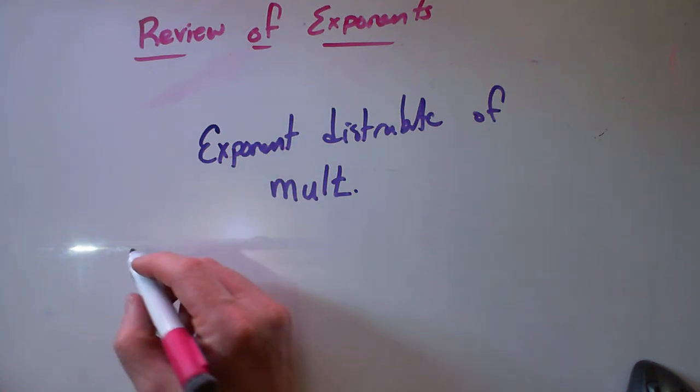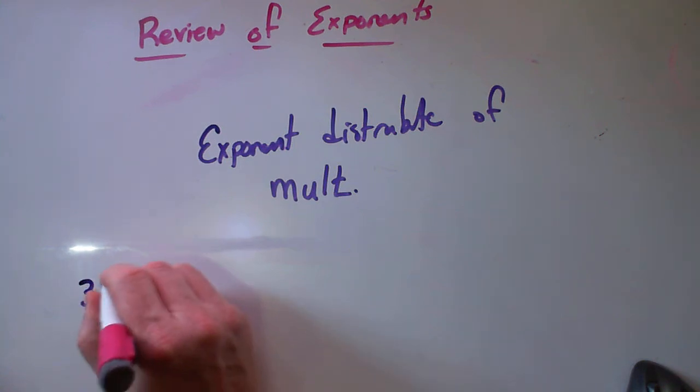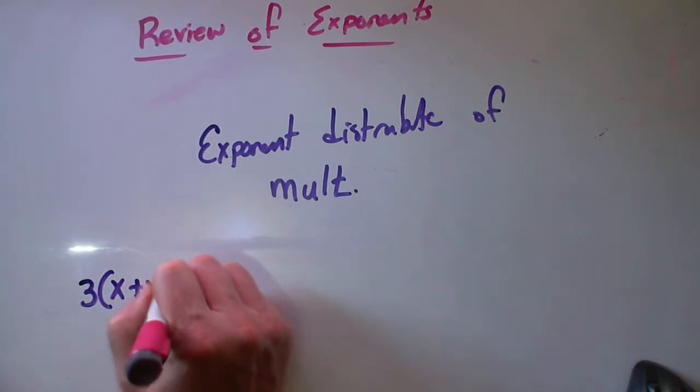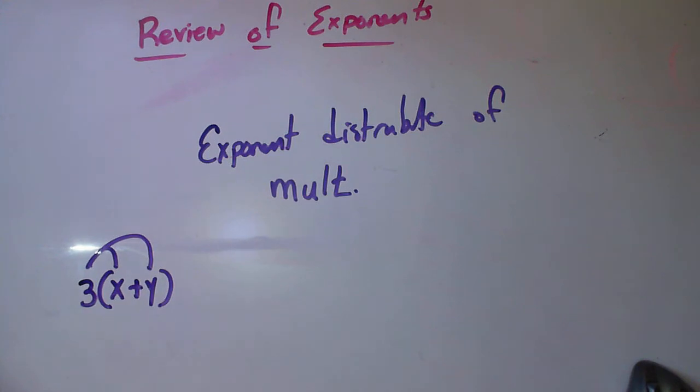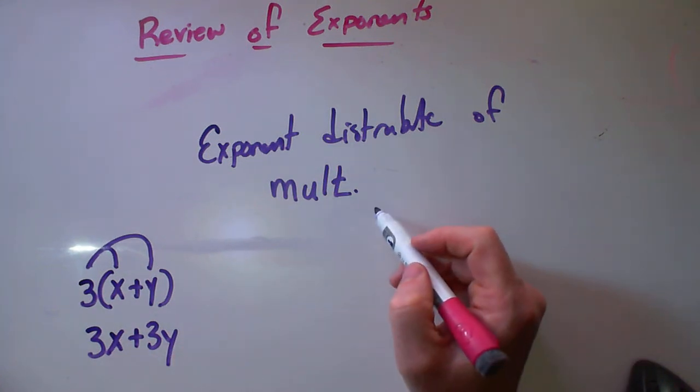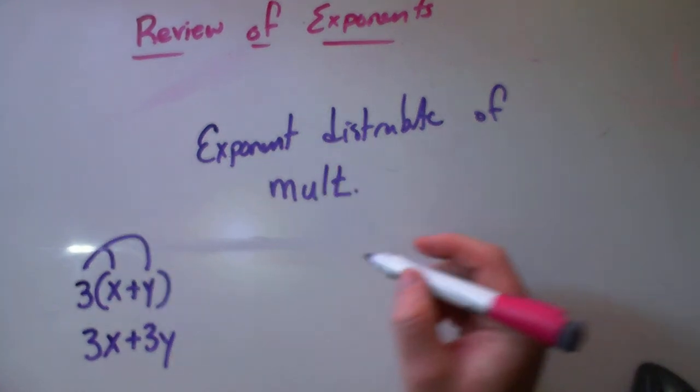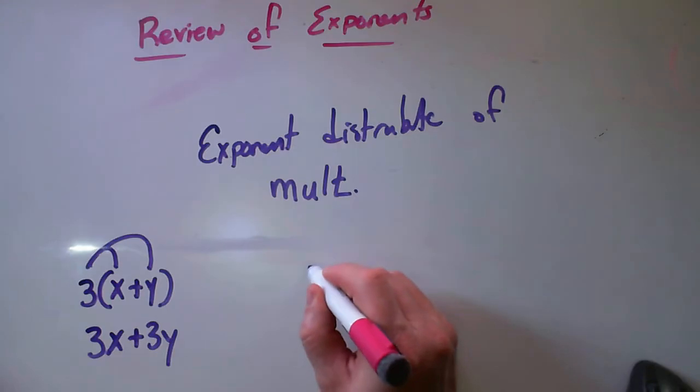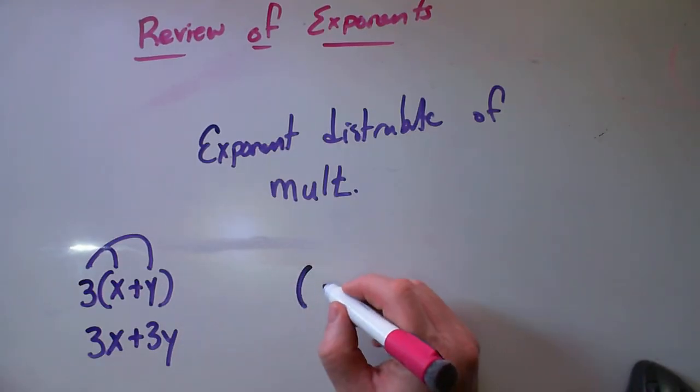What I mean by that is this: if you had 3 times x plus y, you would distribute that 3 and it would give you 3x plus 3y. Well, exponential distribution works the same kind of way, only instead of adding, we multiply.